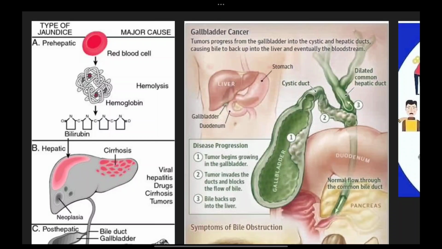Bilirubin is going to accumulate inside the body if it is not thrown out through the intestine or simplified into urobilin or stercobilin, which are excreted into the urine or the stool. Now in the prehepatic stage, because of the breakdown of RBCs inside the body, the bilirubin gets deposited inside the body itself, causing prehepatic jaundice.